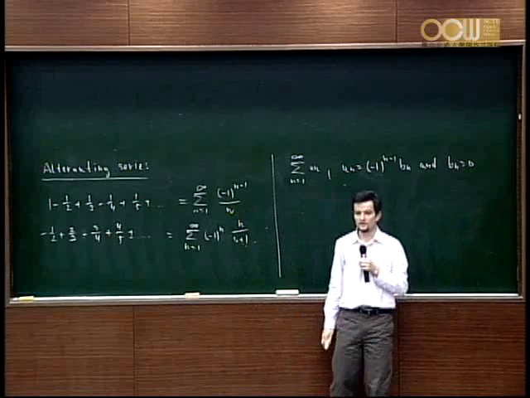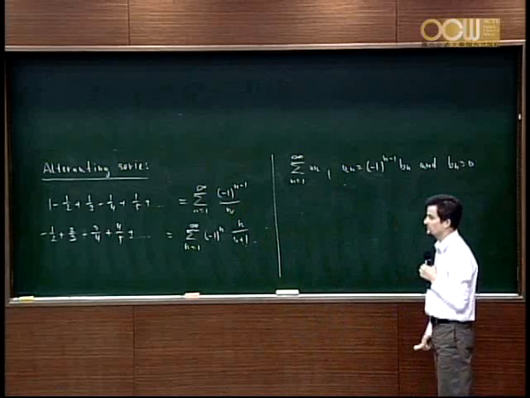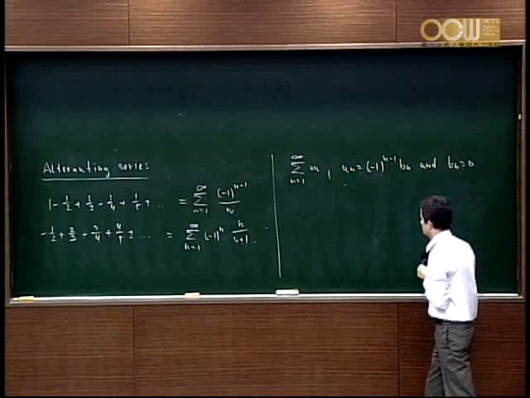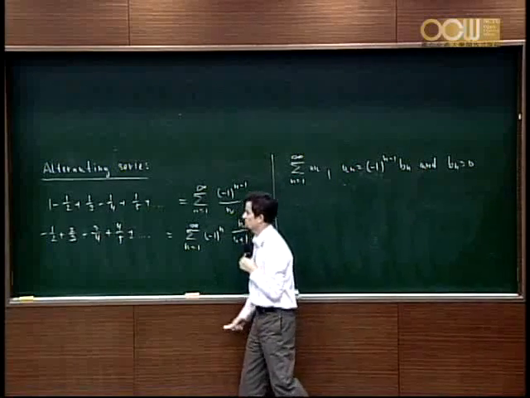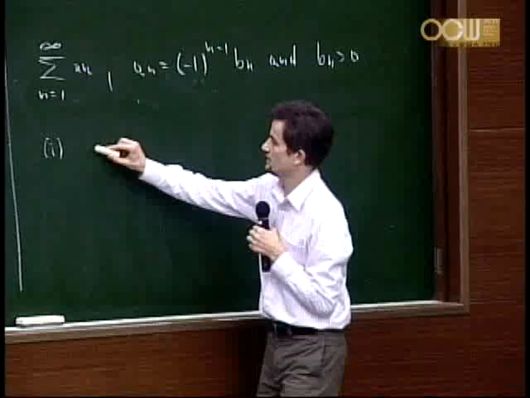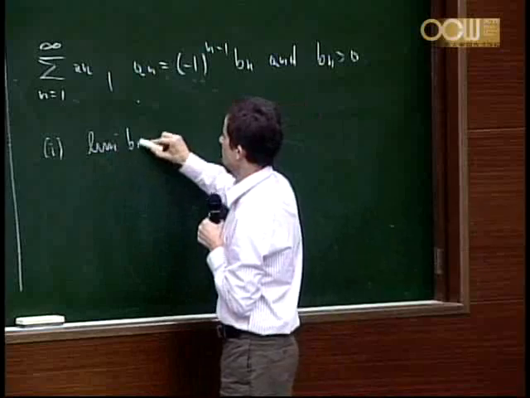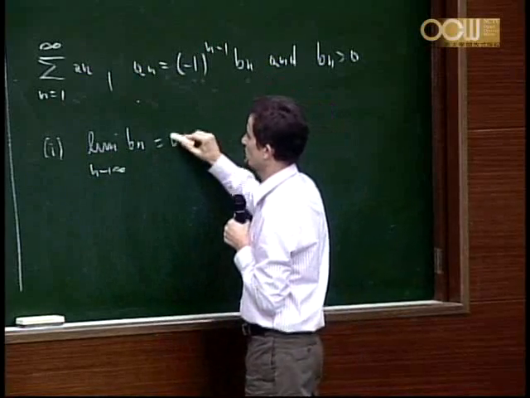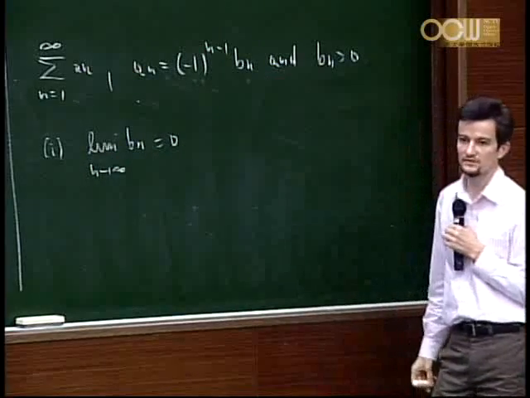Now, there is a very easy test, which is called the alternating series test, or sometimes also called the Leibniz test, because the test is due to Leibniz. This test tells you that obviously the first condition you need is that the limit of bn as n tends to infinity is 0, where bn are the positive terms. This is obviously a condition you need.